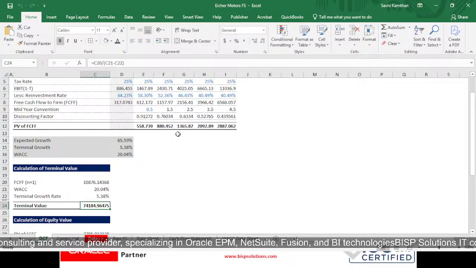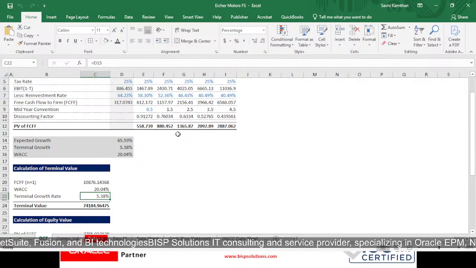After 2029, the model assumes Eicher will grow steadily by 5.38% forever, and using the Gordon growth model, the terminal value, which is future cash flow value from 2030 onwards, comes to around 74,184.96475 crores, right? Why it matters: terminal value often contributes 60 to 70% of the company's total valuation. It represents the long-term potential of that company, right?